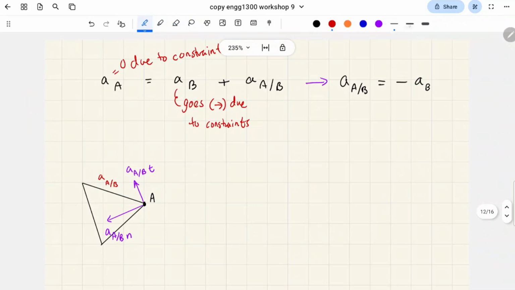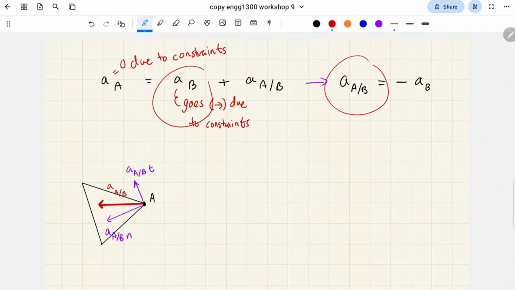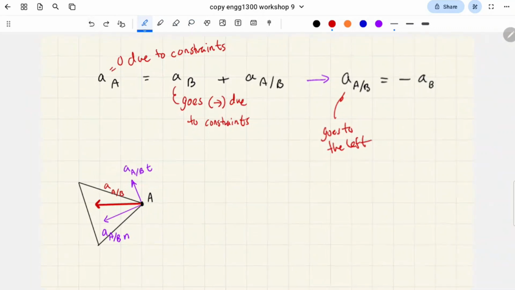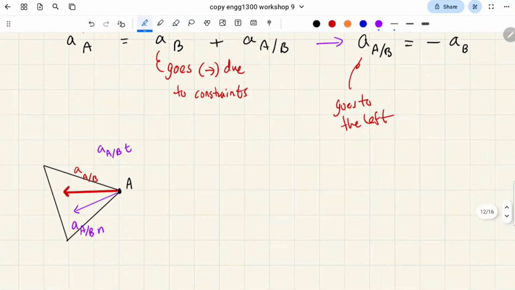That should be a straight line. Okay, so I've drawn it out, and I'll try to explain it now. Basically, acceleration of B went to the right, right? And so this one has to go to the left. Which is this arrow, right? So it's going to the left. And our components of it look like that, right?